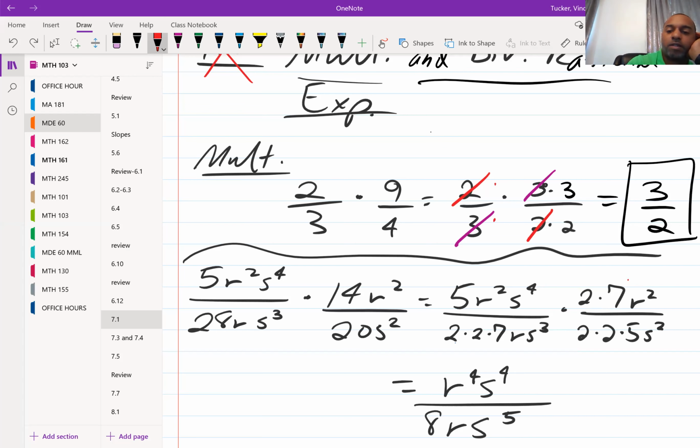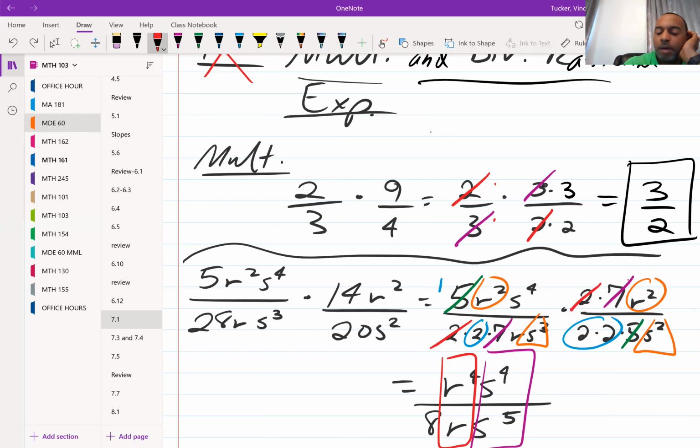Now we can cancel out what's in common with the top and bottom, and I tried to color code what I did. There's a 2 with the red slash, I canceled out 2. With the green slash, I canceled out 5. Purple was me canceling out the 7s. That is all that's in common with the top and bottom.